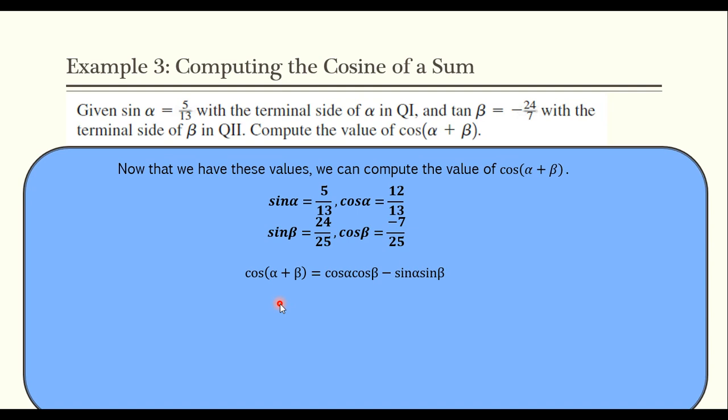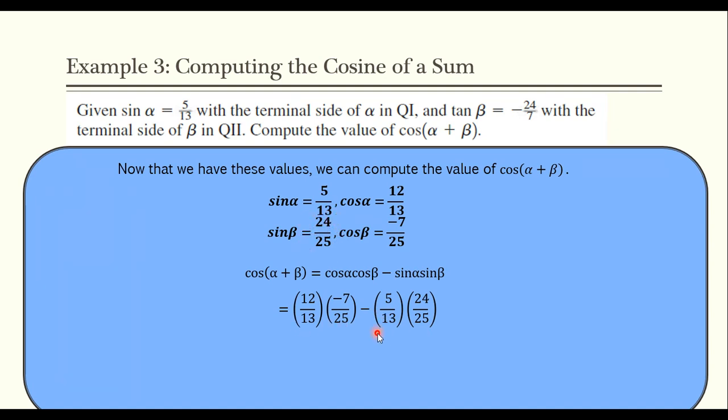Cosine of alpha is 12 over 13. I'm going to plug that in. Cosine of beta is negative 7 over 25. So I'm just plugging these guys in. I actually didn't even have to find alpha or beta. Sine of alpha times sine of beta. Sine of alpha is 5 over 13. Sine of beta is 24 over 25.